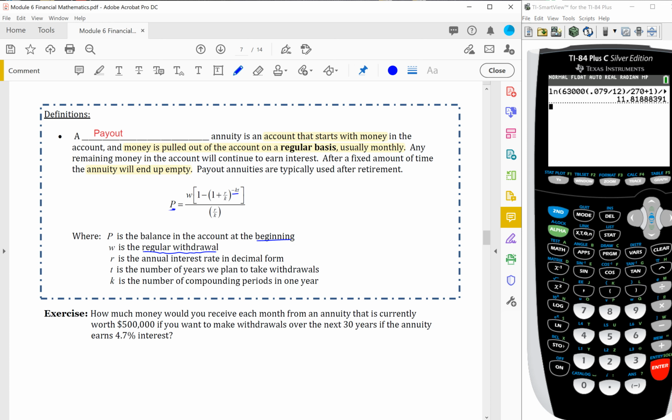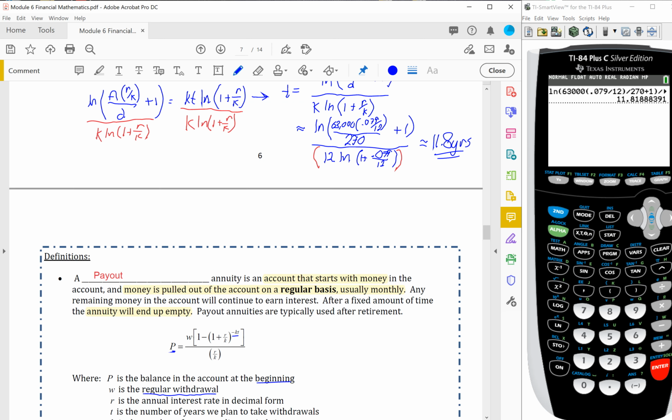Now in comparison, you want to notice that this formula looks very similar to the savings annuity. However, in the payout annuity, your exponent is now negative. And this is how I remember the two different annuities. If you're in a savings annuity, let me scroll back so you can see that.